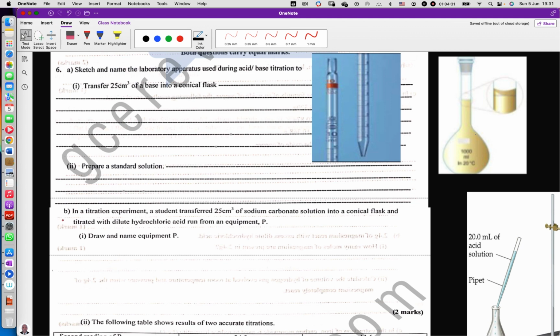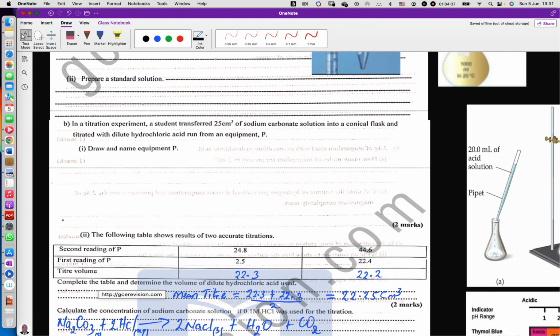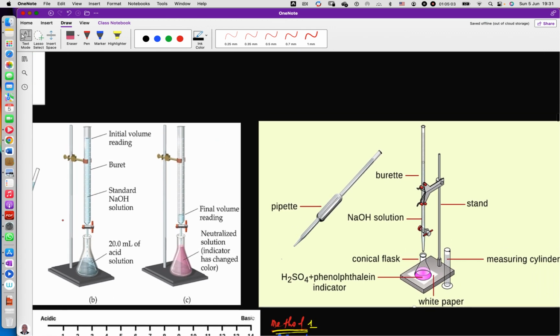The B part of it. In a titration experiment, a student transferred 25 cm cube of sodium carbonate solution into a conical flask and titrated the solution with dilute hydrochloric acid from an equipment P. Draw and name the equipment P. This is the equipment P, where you are titrating into the conical flask.